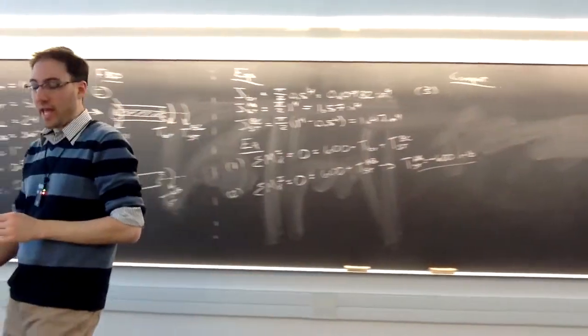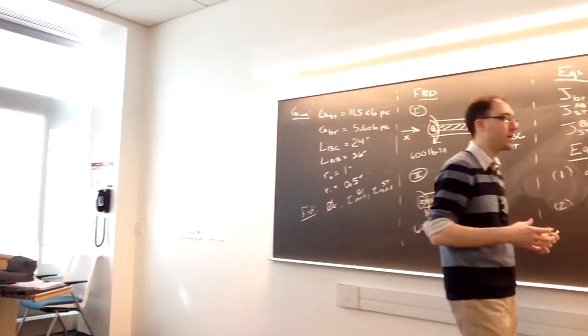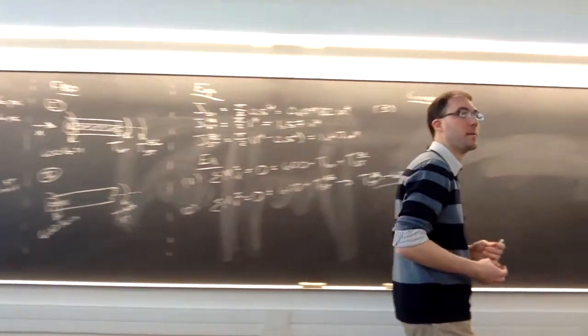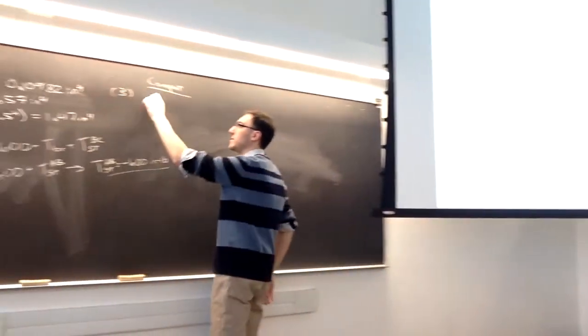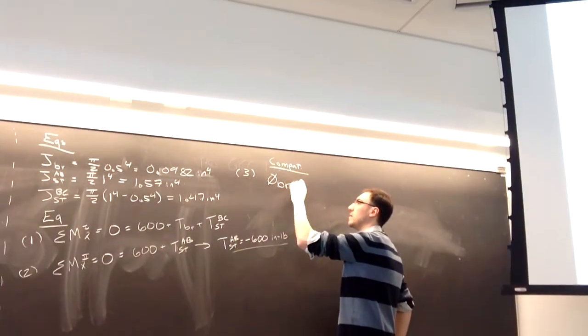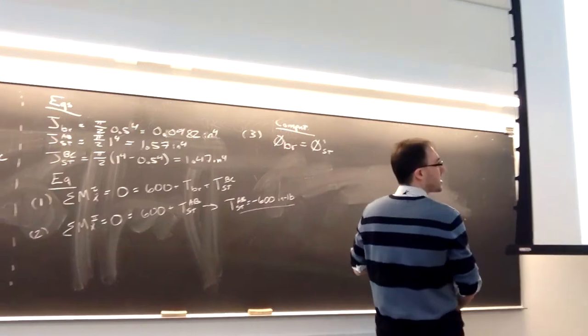How am I going to relate the angles of twist for things I'm looking for and other ways that the geometry of the problem is set up? Yeah. So the angle of twist of that section of the steel is the same as the angle of twist of the brass. That is the BC section.